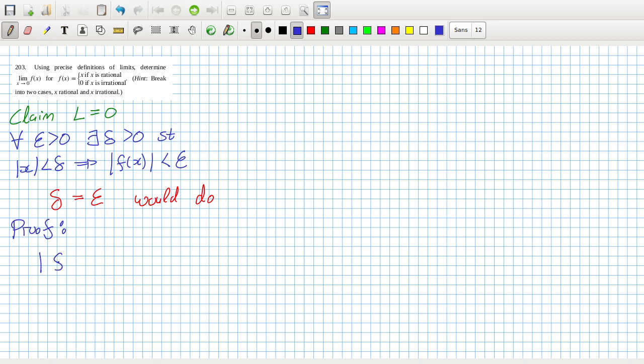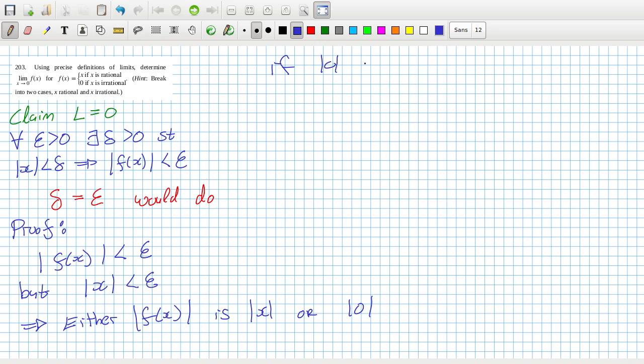Okay, so we have |f(x)| less than epsilon, but the absolute value of x is less than delta, which is epsilon. So then that would mean that either f(x) is x or 0.